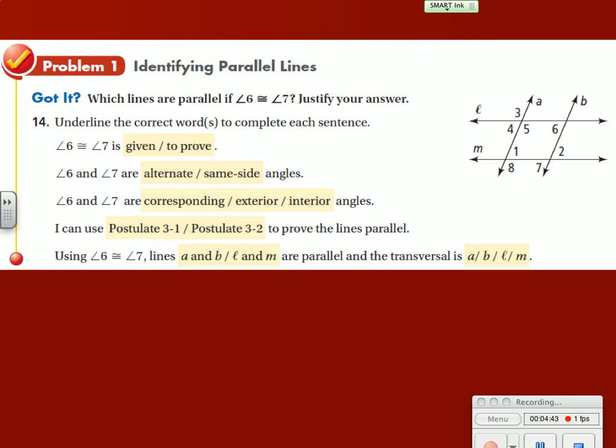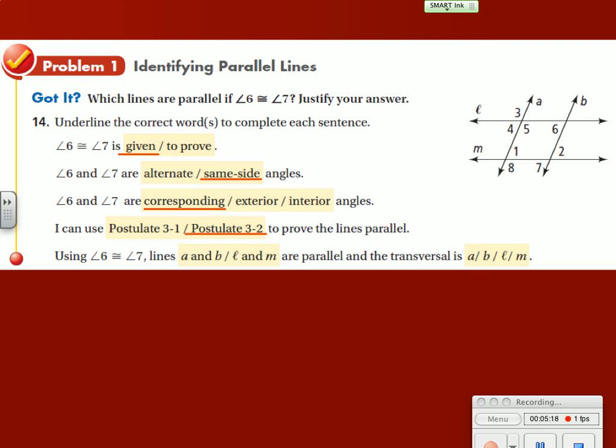Which lines are parallel if angle 6 is congruent to angle 7? Underline the correct words to complete each sentence. Angle 6 is congruent to angle 7 is given, because it says if angle 6 is congruent to angle 7. Angle 6 and angle 7 are corresponding angles. Angle 6 is an interior angle, angle 7 is an exterior angle.